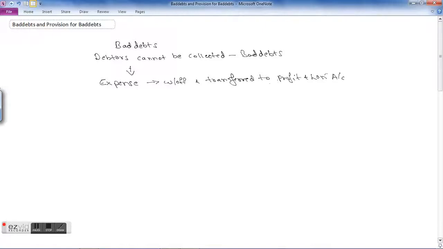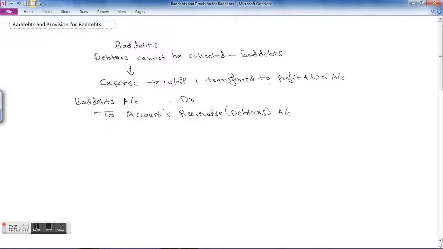So now what will be the entries for the bad debts? The bad debts entry will be: bad debts account debit, since this is an expense, and we credit the accounts receivable or debtors account, that is, that particular debtor's account.